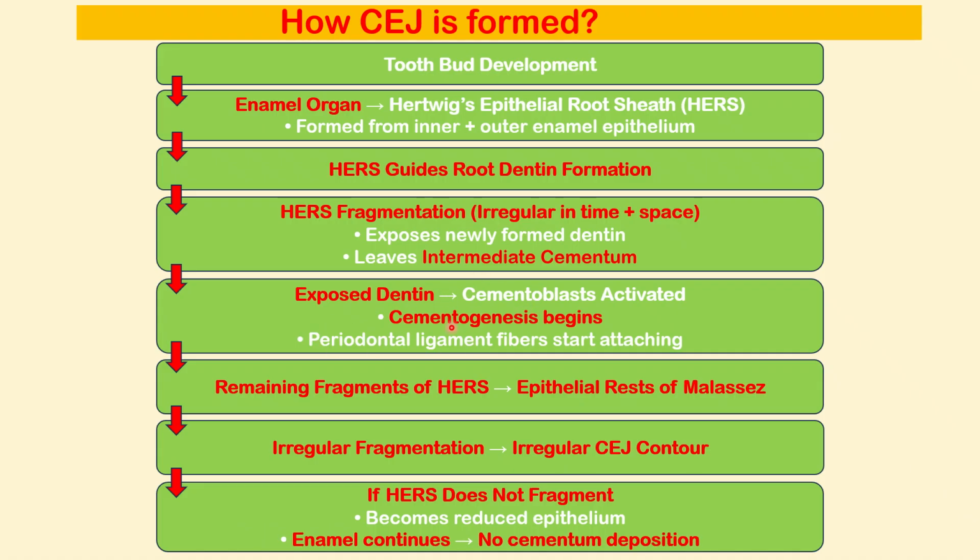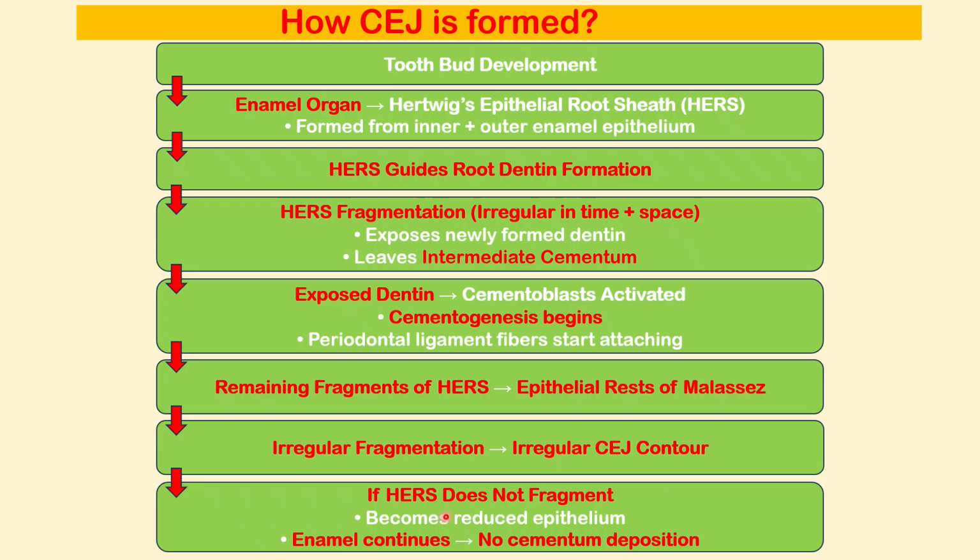At this particular time, periodontal ligament fibers start attaching to the root surface, and the cementum which is formed at this point in time is the intermediate cementum. The remaining fragments of the HERS remain in the periodontal ligament and convert to the epithelial rests of Malassez. So the irregular fragmentation leads to irregular CEJ contour.